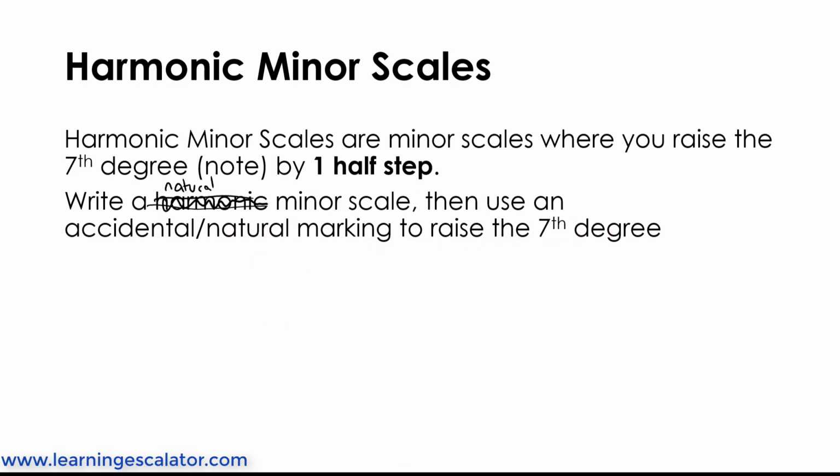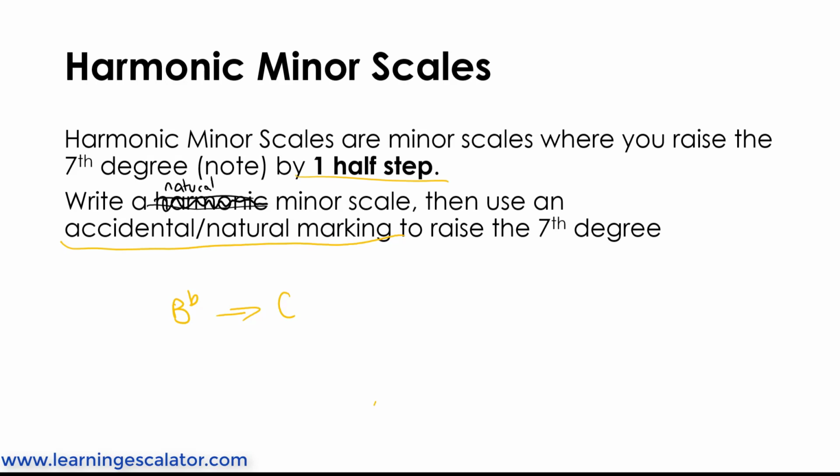And over here I said accidental or natural marking because, for example, if the 7th note is B flat, if you want to raise it by 1/2 step, B flat 1/2 step higher than B flat is C.